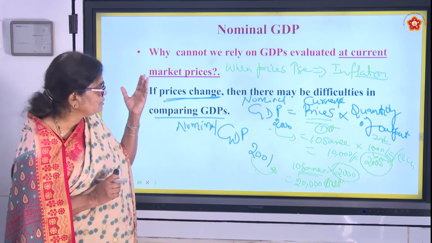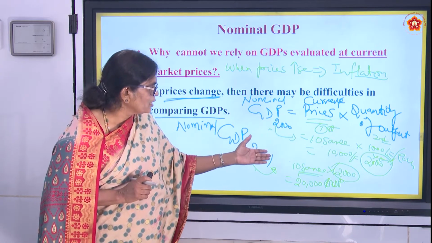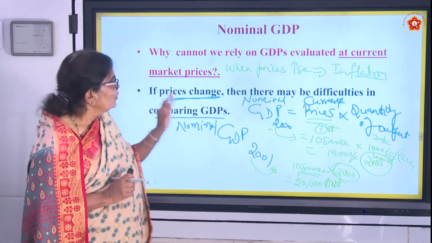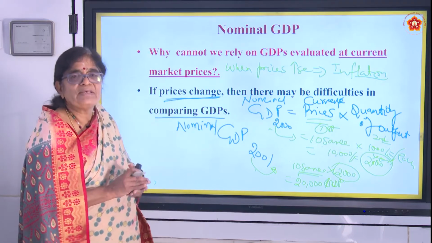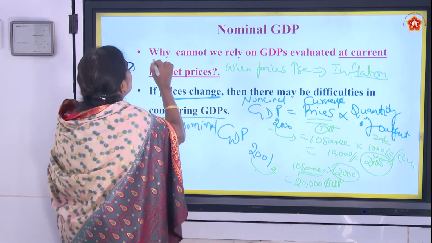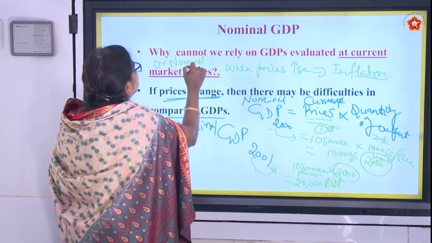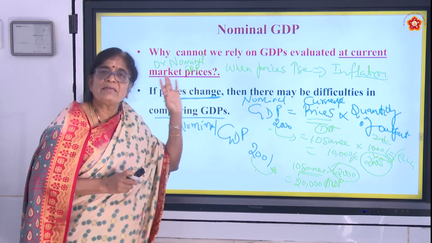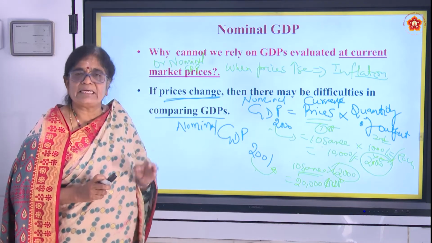Can't say, because it is just the price that has changed due to inflation. The number of products didn't change, only 10 saris between 2000 and 2001. Therefore, we cannot rely on GDP evaluated at current prices. Another name for it is nominal GDP. Nominal GDP means GDP evaluated at current price.